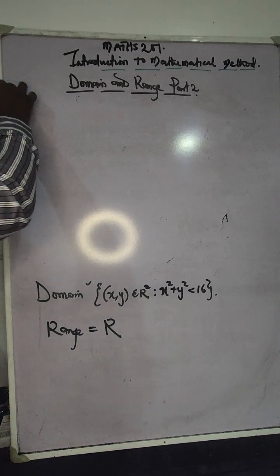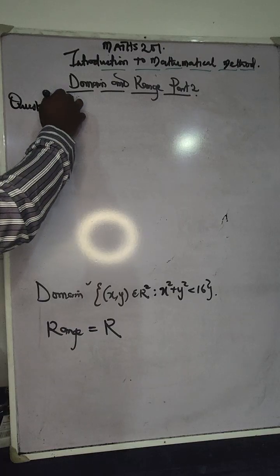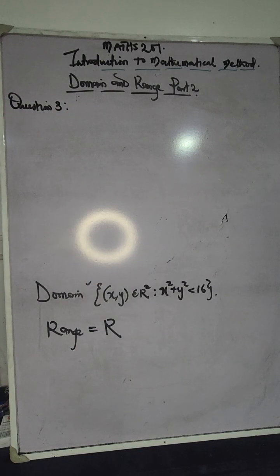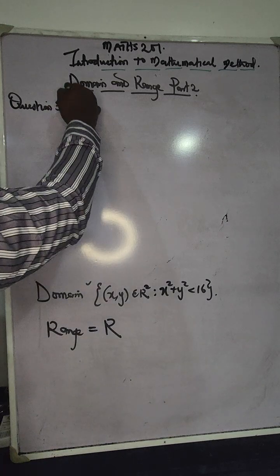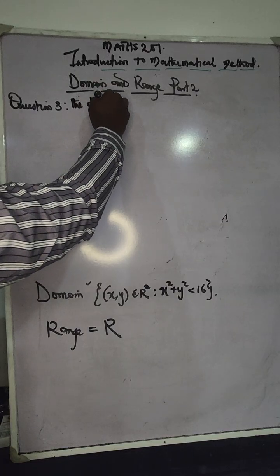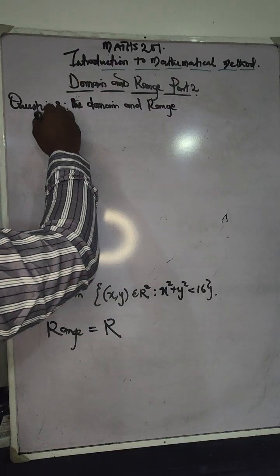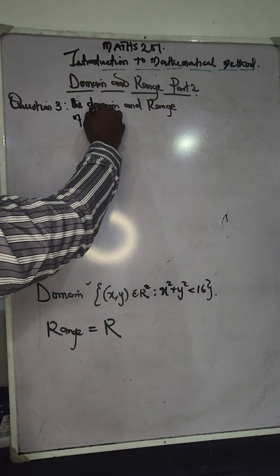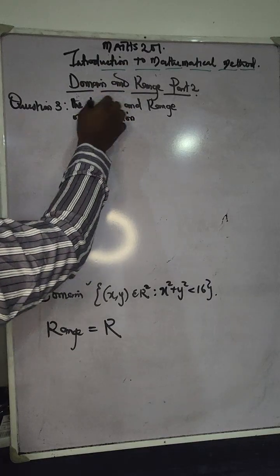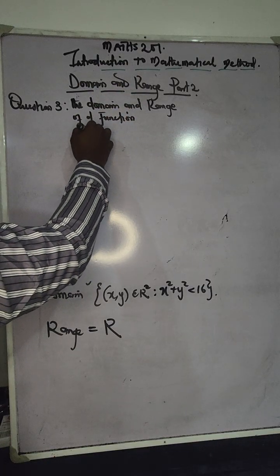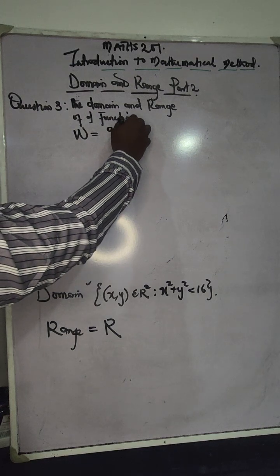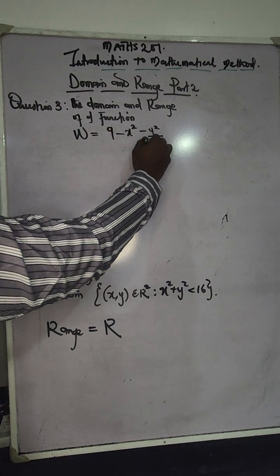So, question number 3. If we were asked to find the domain and range of the function w equals 9 minus x squared minus y squared divided by x.